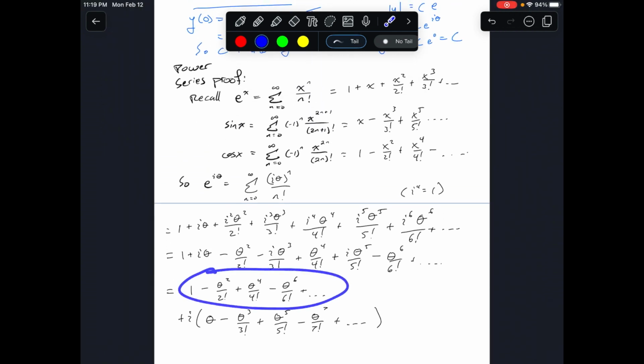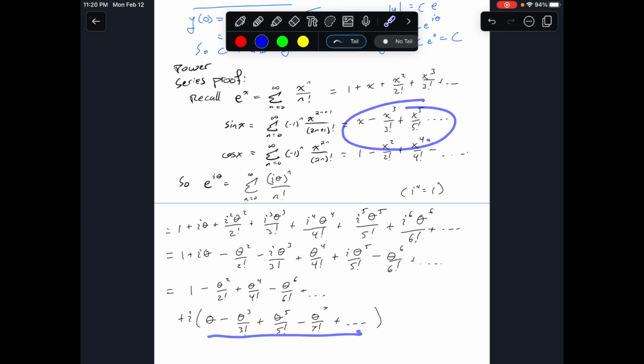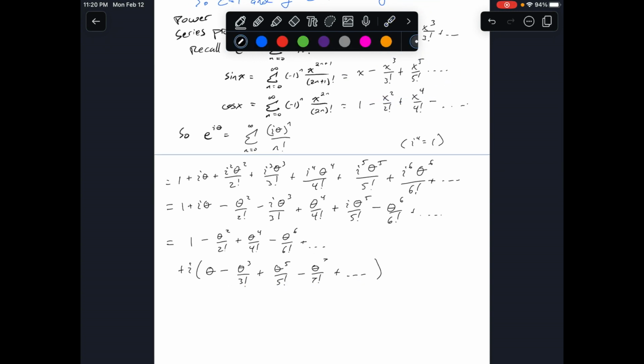Well, this right here is exactly the series for cosine, except instead of x, we have a theta. And then this right here is just the series for sine. And so this is equal to cosine of theta plus i times sine of theta. And so we're done. We showed that e to the i theta is equal to cosine of theta plus i sine of theta, just using these power series representations.